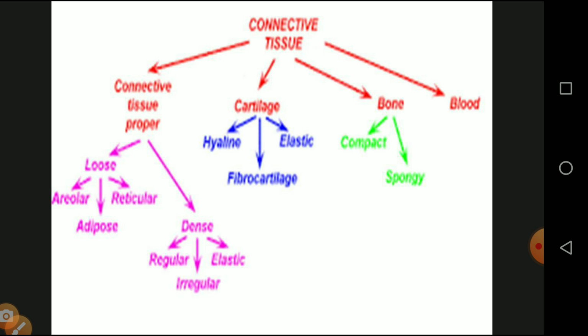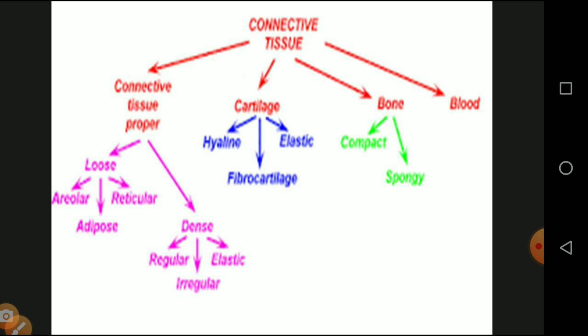Connective tissues are normally of four types: connective tissue proper, cartilage, bone and blood. Connective tissue proper is loose and dense; loose is in the form of areolar, reticular and adipose tissue. Dense connective tissue is regular, elastic and irregular.